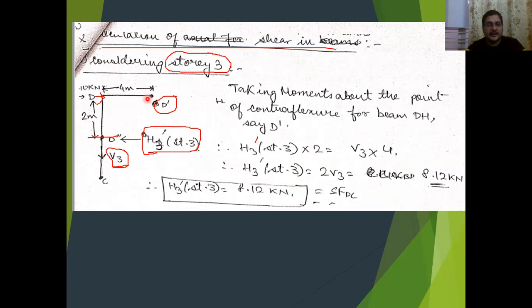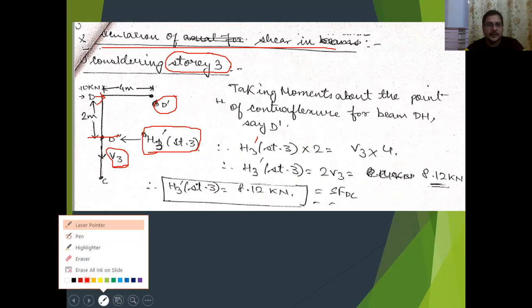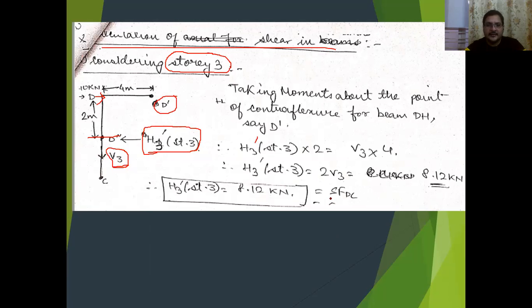The lever arm can be horizontal or vertical. For the horizontal shear force H3 dash, the lever arm is 2 meters, which is vertical, and for V3, the vertical force, the horizontal length of 4 meters is the lever arm. Taking all these, we have got the shear force H3 dash as 8.12 kilonewton, which is nothing but the shear force in this column. As I told you, H3 dash is the shear force in the column DC.